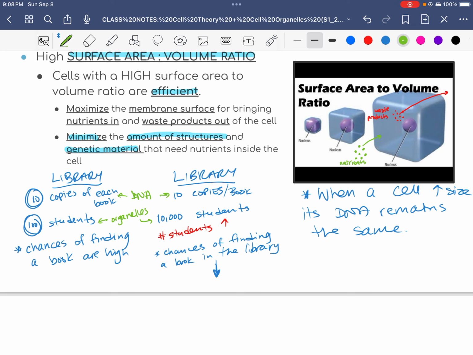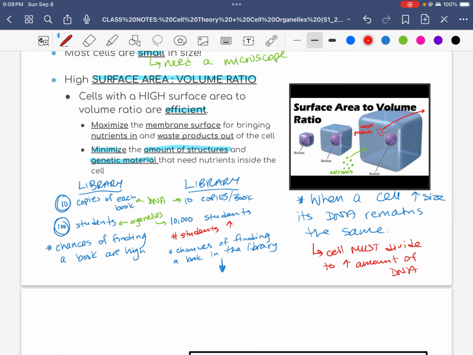So if you increase the size of the cell, you increase the quantity of stuff inside the cell, and therefore you're going to need more DNA. But the amount of DNA does not increase until cell division. So the cell must divide to increase the amount of genetic information.